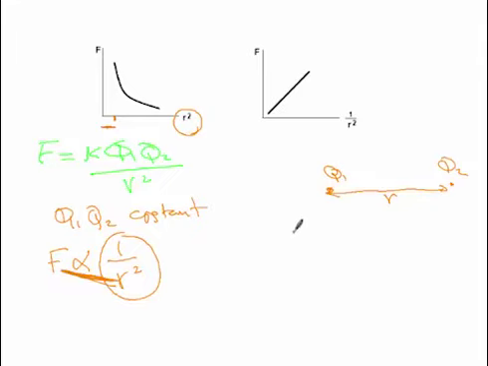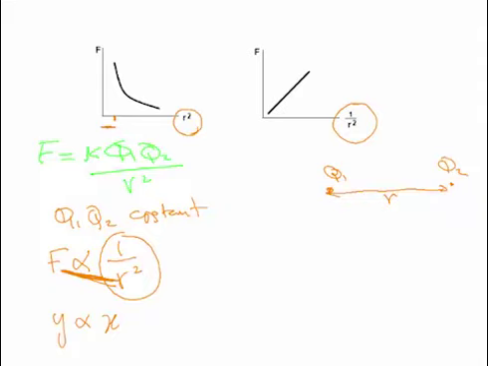But what about F with 1 over R square? If you take the reciprocal, 1 over R square, F will be directly proportional to 1 over R square. Like if we have y directly proportional to x, our x here is 1 over R square instead of R square. So we are going to get a straight line.